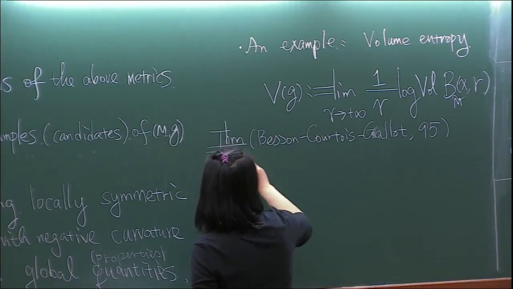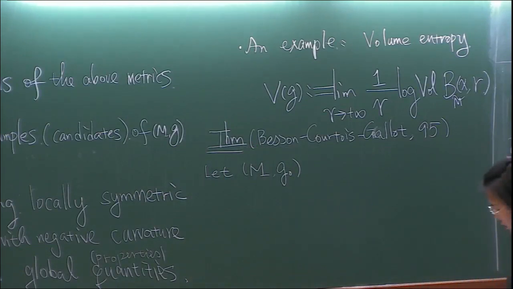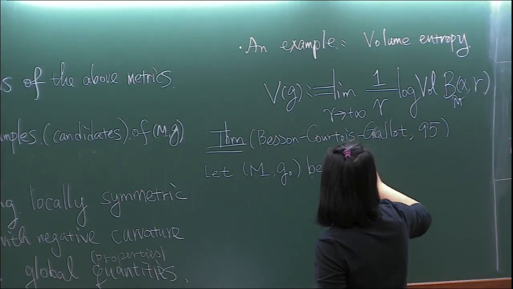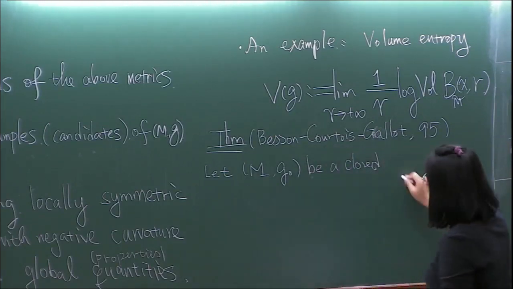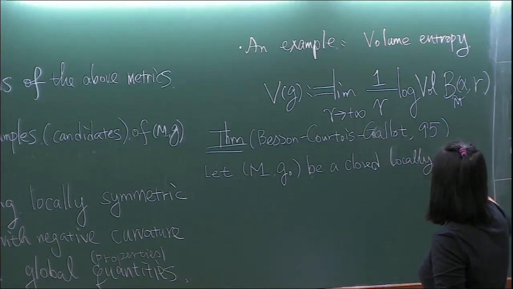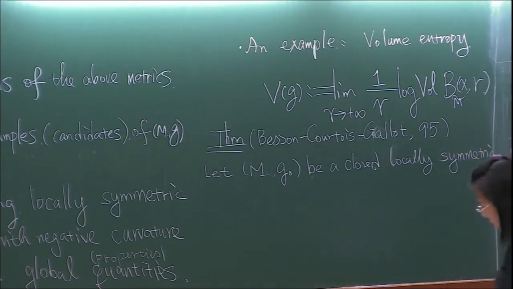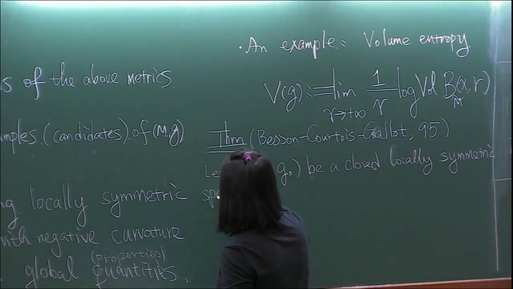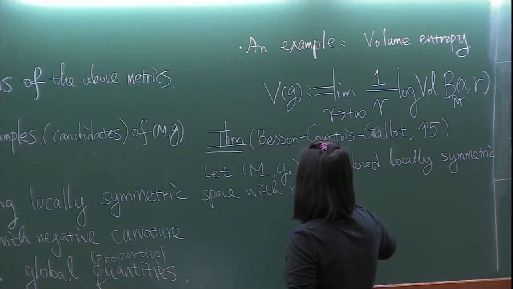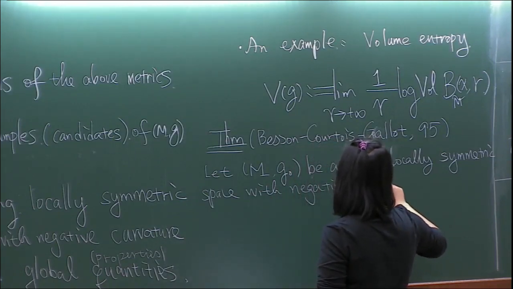You have an (M, g_0) which is closed and locally symmetric with negative sectional curvature.